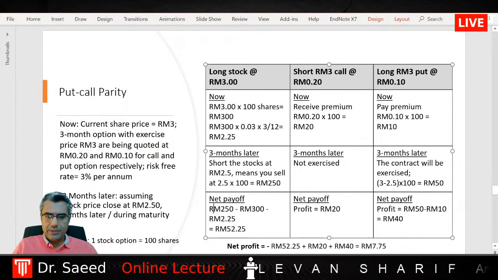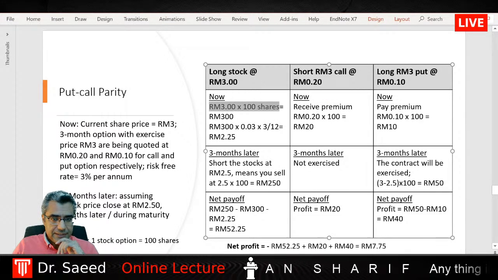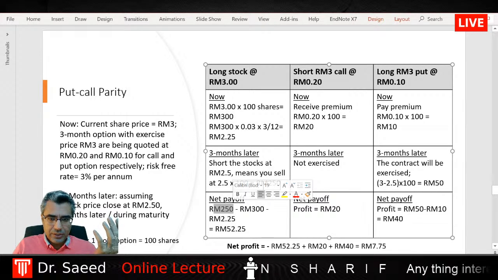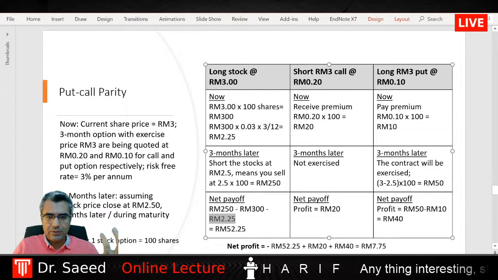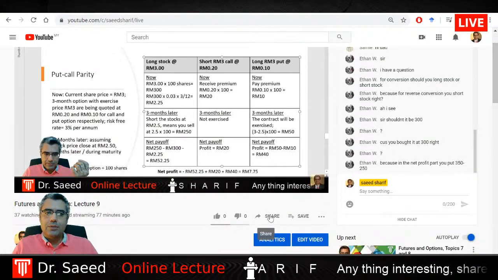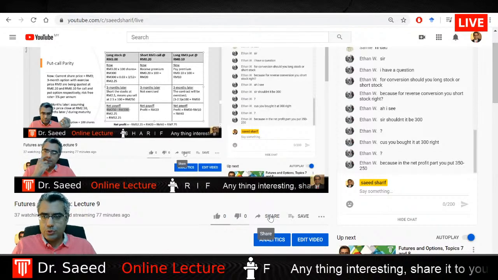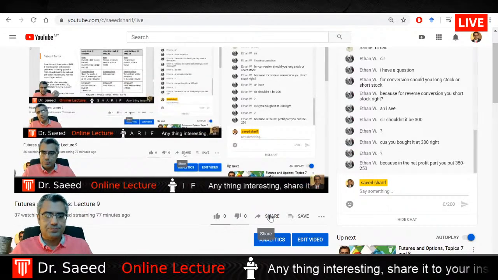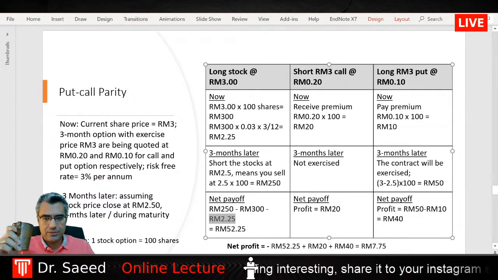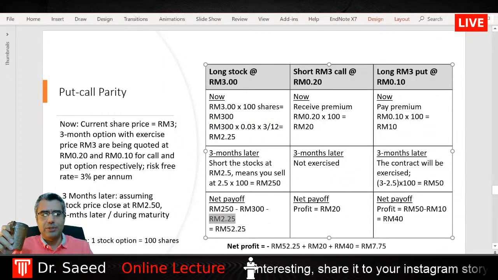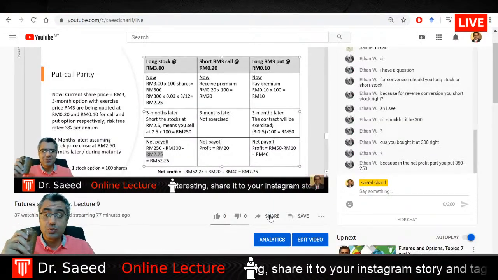The way I reported here, I made a mistake. But actually, the concept is you buy it at 300, later you sell it at 250. So selling minus purchase price, and this is a loss, of course. And then you have a 2.25 ringgit finance cost. So it's okay, Ethan? You were referring to that part, right? I just made a mistake when I was reporting, but the other parts are okay and it's correct. The answer is 7.75. Actually, even no need to compute, right? You already knew it's 7.75, the net profit. So it doesn't matter what will be the price later. I just wanted to show you it works.